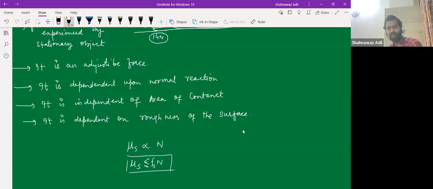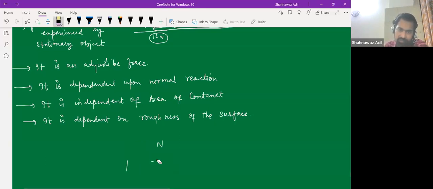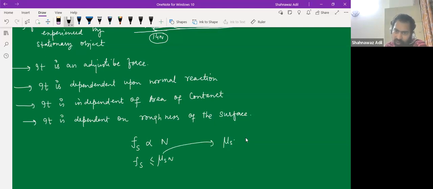So this is what you call the frictional force. So I should write it as F static is directly proportional to normal reaction, and if you remove this proportionality, then you get an equation, so this mu s is called the frictional constant.